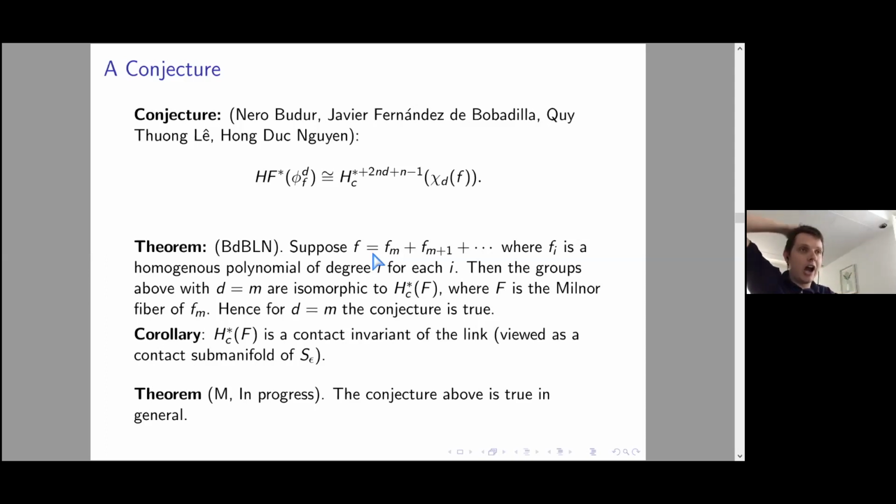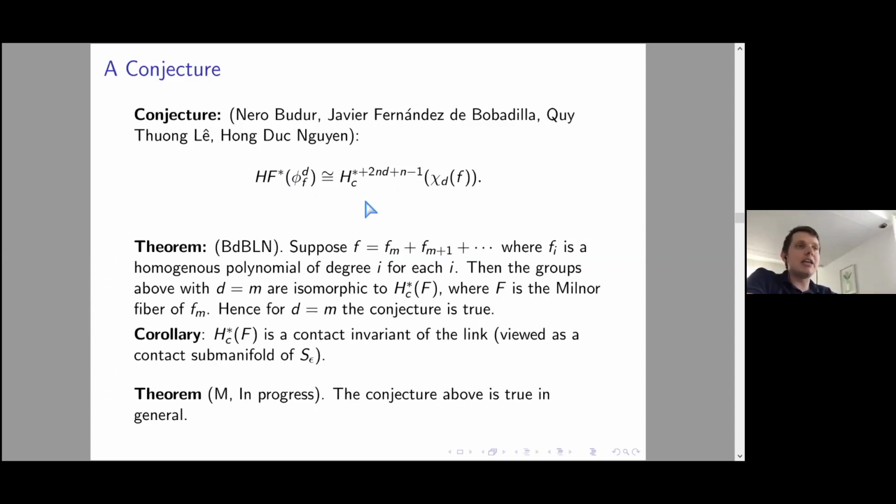So I produced a spectral sequence that computed these Floer groups, and they produced the same one. I wrote a paper a few years ago that gave a spectral sequence computing this left-hand side. I conjectured that there was the same spectral sequence for these groups, and they proved it. And so these two spectral sequences are identical.